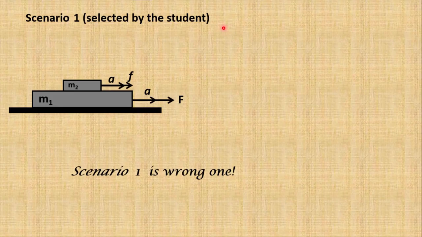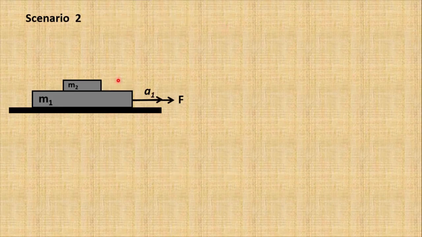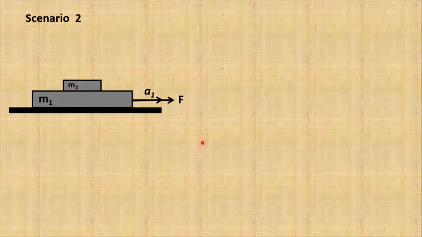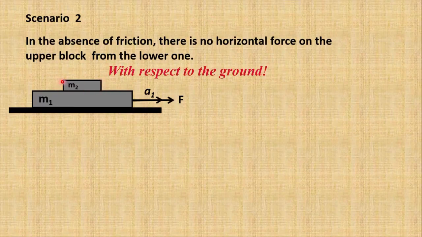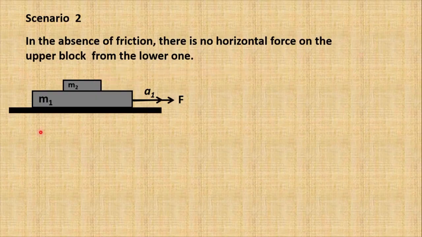Now we consider another scenario, scenario 2, and assume that blocks M1 and M2 move with different accelerations. Actually, in the absence of friction, there is no horizontal force on the upper block from the lower one, and for this reason this block remains at its initial position with velocity equal to 0 during the entire motion of block M1.